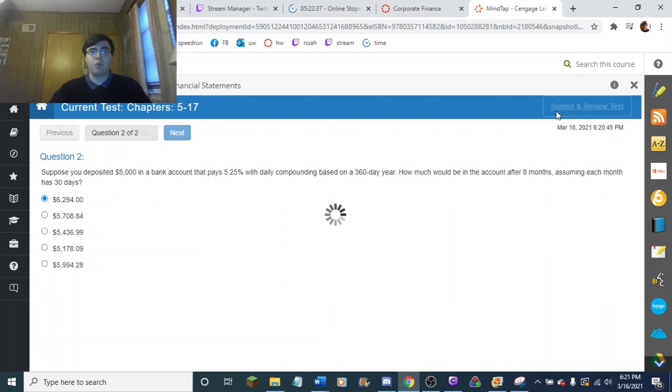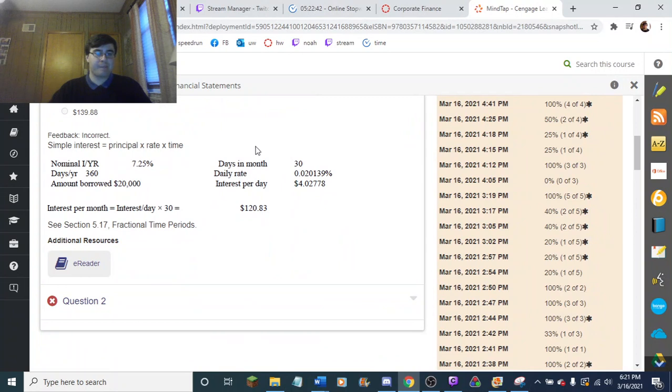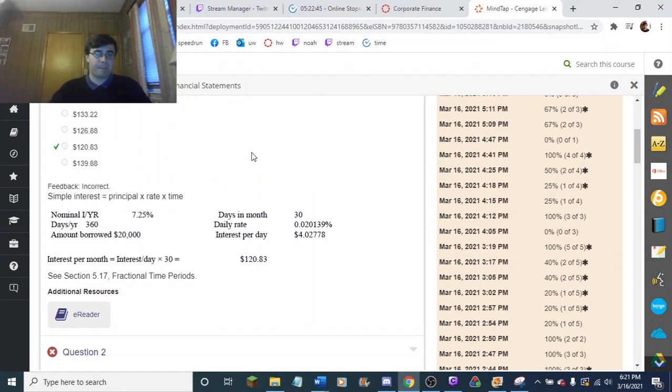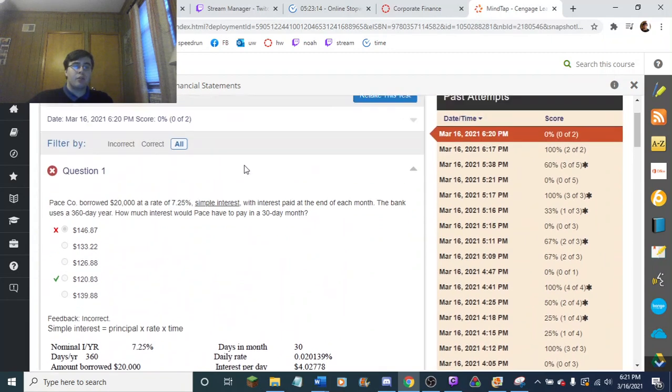Well, simple interest is simple, but is there a way to do this with your calculator?